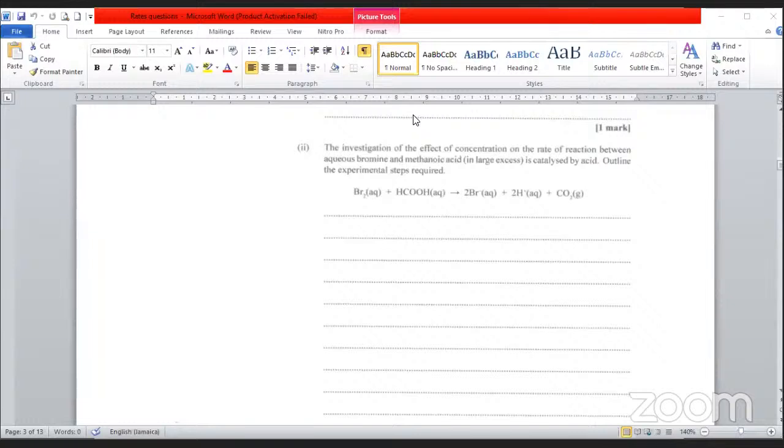And then the reaction rate is plotted against the volume of carbon dioxide. So that's the easier method.